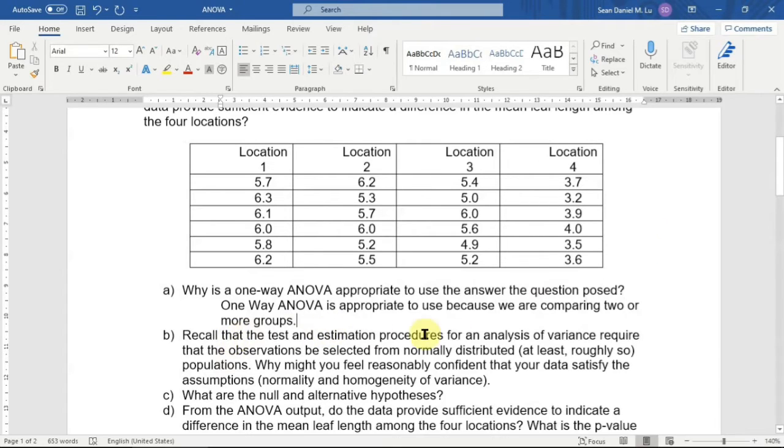Recall that the test and estimation procedures for analysis of variance assume normally distributed data. Why might you feel reasonably confident that your data satisfy the assumptions? So let's test for normality.